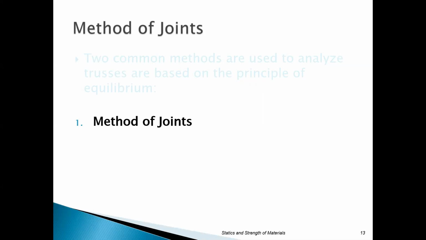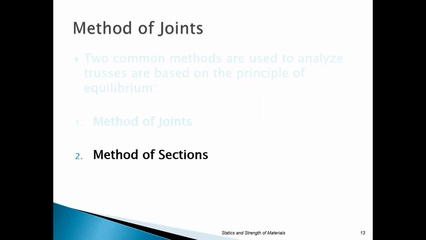The other thing that's really good about this method is that each and every member in the truss now has a value associated with it in terms of compression or tension. So you do get a complete result. When you do the method of sections, what you're going to do is selectively cut through a truss with a section and just solve selected members.